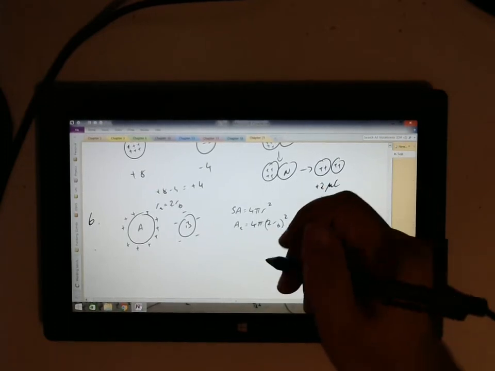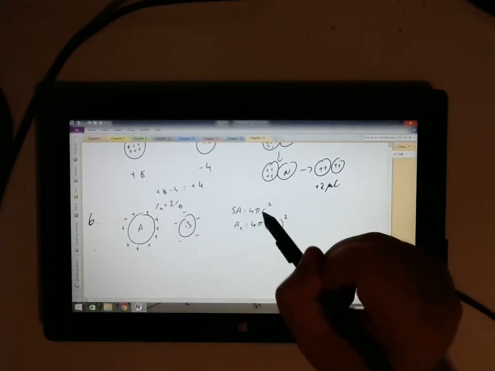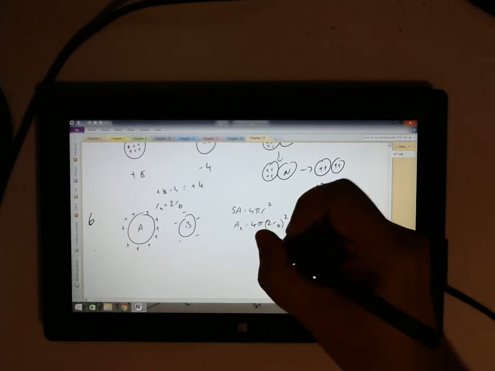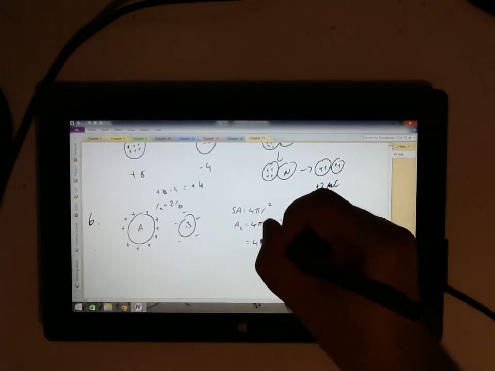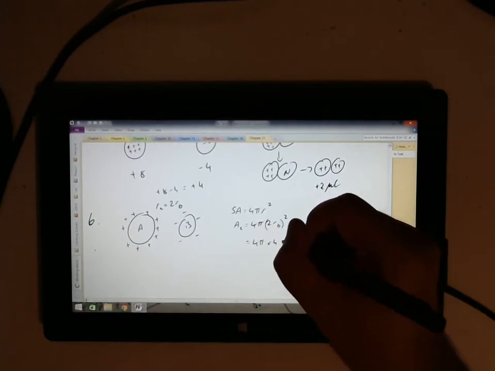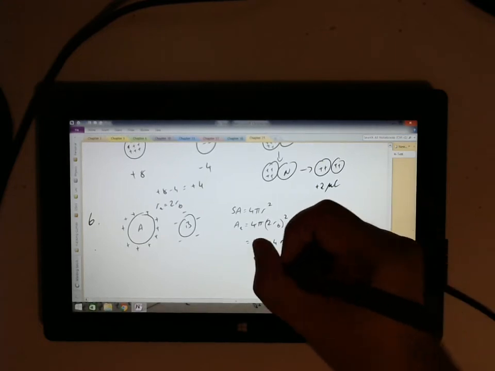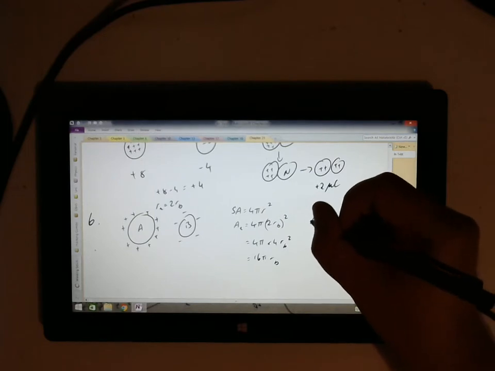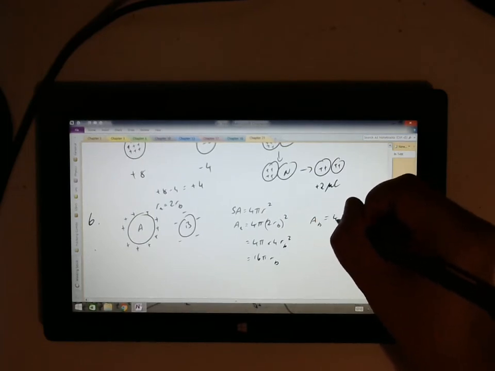Remember, the whole thing needs to be squared because the radius is squared, not just the rb. That equals 4 pi times 4 rb squared, which equals 16 pi rb squared, while the area of B just equals 4 pi rb squared.